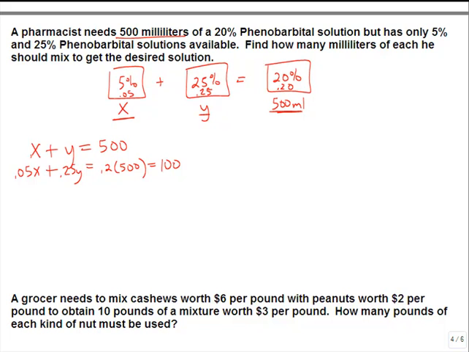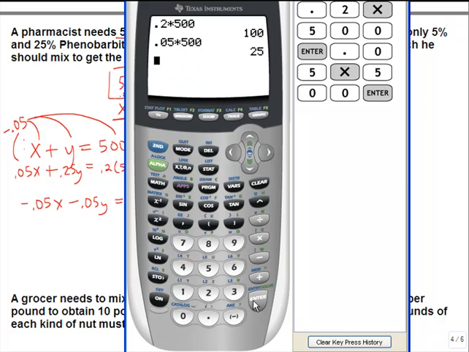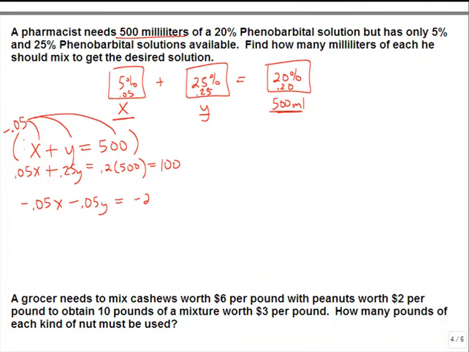So in order to do that, I want to make these coefficients of x's be opposites. So I'm going to multiply this entire equation by negative 0.05. So that's going to give me negative 0.05x minus 0.05y equals, and now I need to figure out what 0.05 times 500 is. 25, and it's negative because we're using a negative.